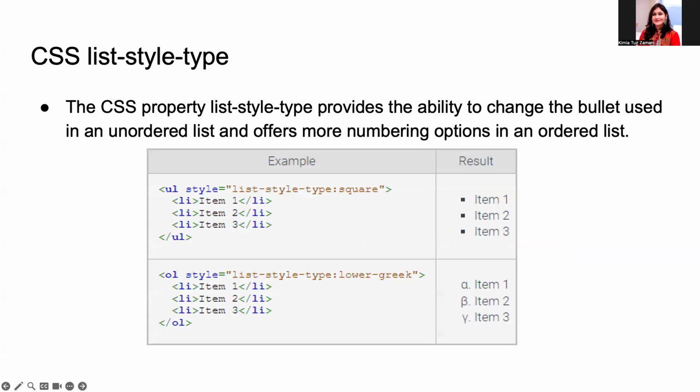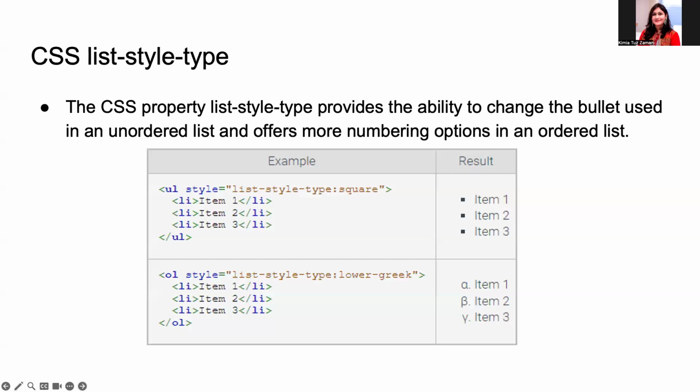Now let's see how CSS can give us even more control over how lists look. The CSS property list-style-type lets us change the style of bullets in unordered list and the numbering style in ordered list. For example, in the first block, list-style-type square changes the default round bullets to square ones.